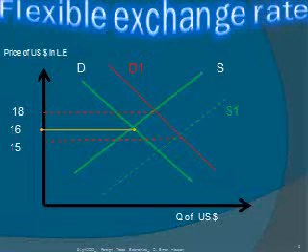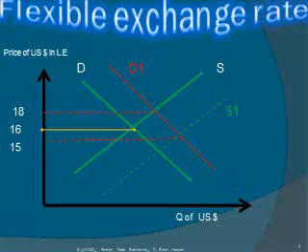The relation between them uses the supply and demand curves, and the intersection point between them equals 16. It means that for 1 unit of US dollars you have to pay 16 units of Egyptian lira. This price is the price of equilibrium.